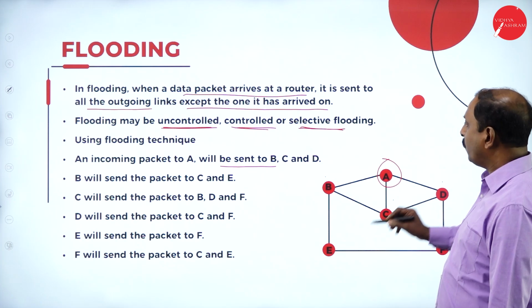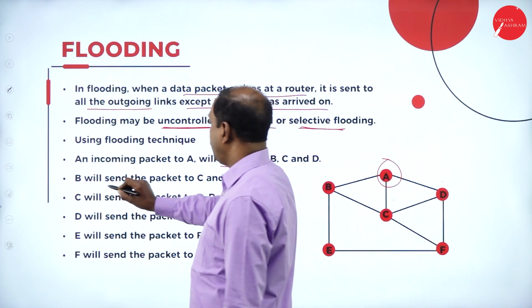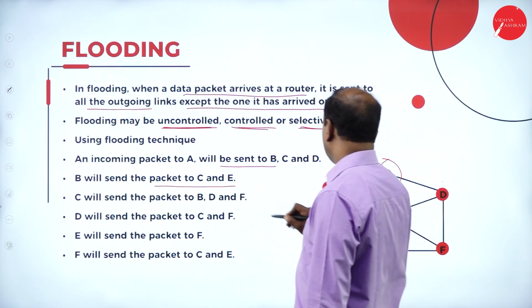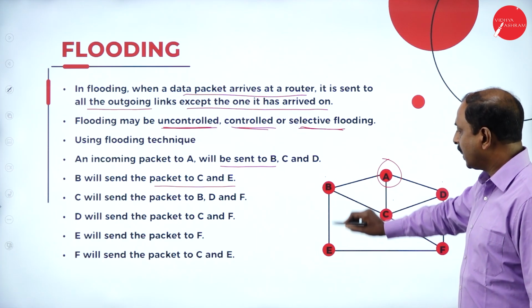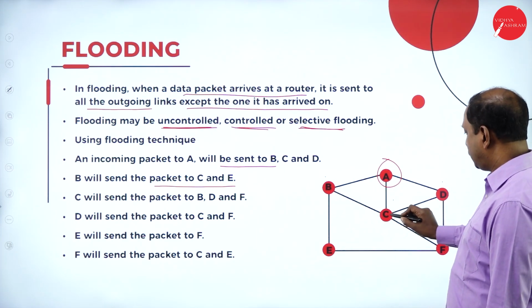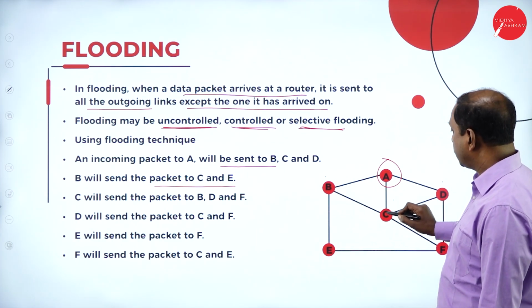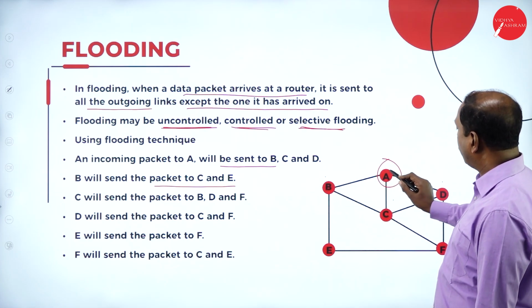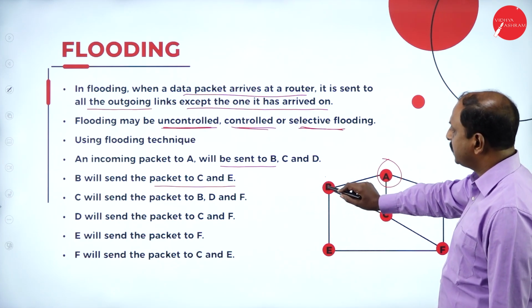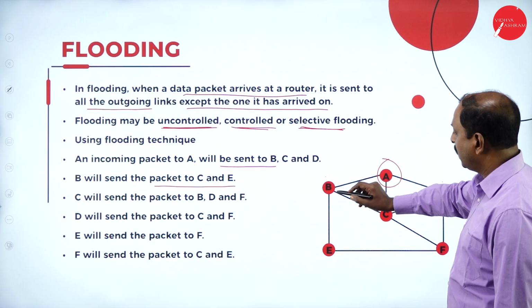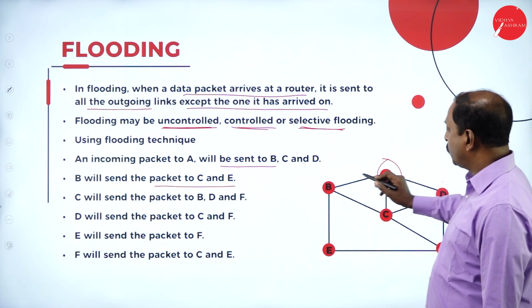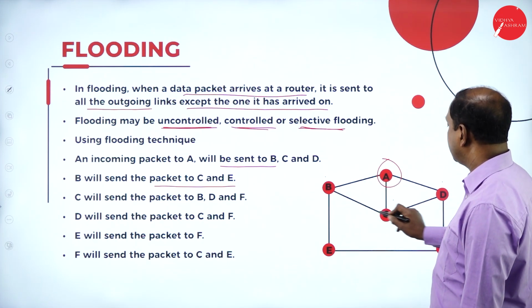Then B will send the packets to C and E, because B is connected to E and C directly. So it will send the data packets received from A to E as well as C.